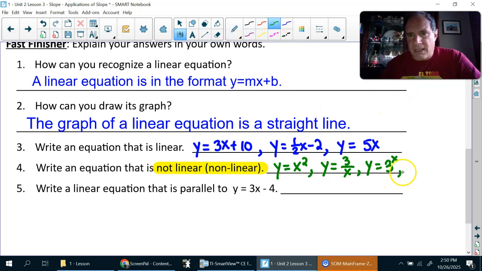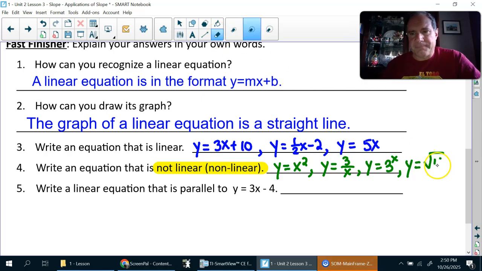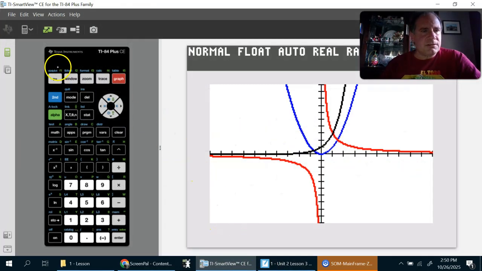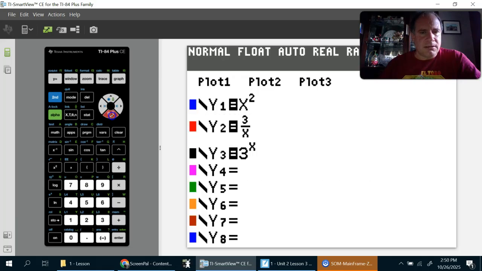More, you can have y equals the square root of a non-perfect square, like the square root of 10, or the square root of x. Let's just say that. Square root of x, and then we're going to graph it as the fourth.